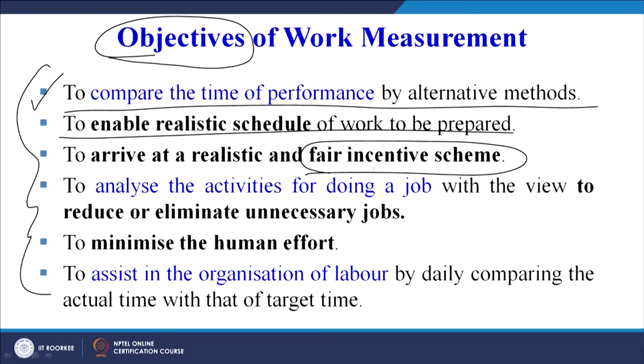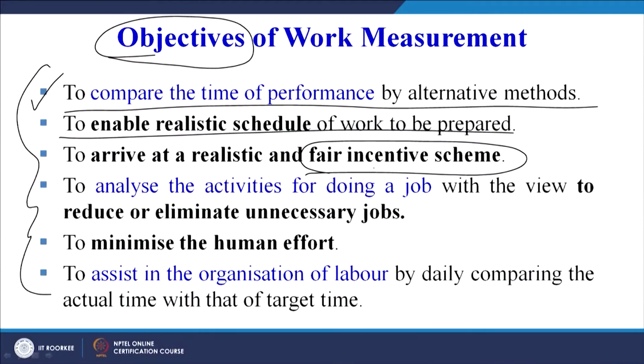That is also an indirect benefit of work measurement. To assist in the organization of labor by daily comparing the actual time with that of the target time. So, we can also organize our labor in a better manner after conducting the work measurement.